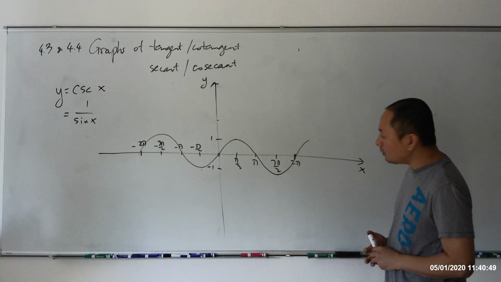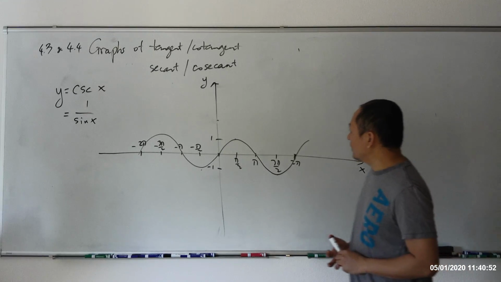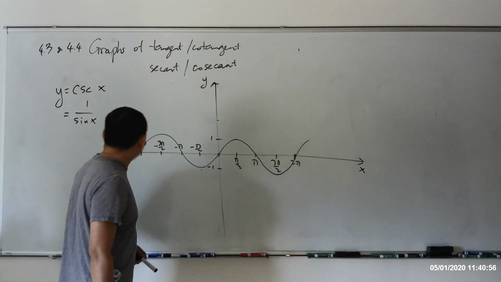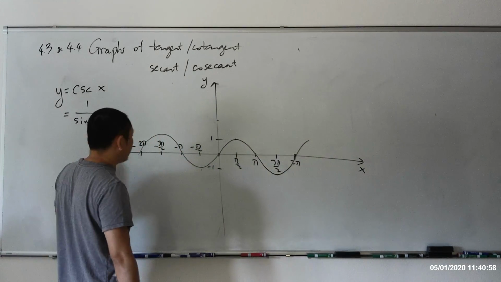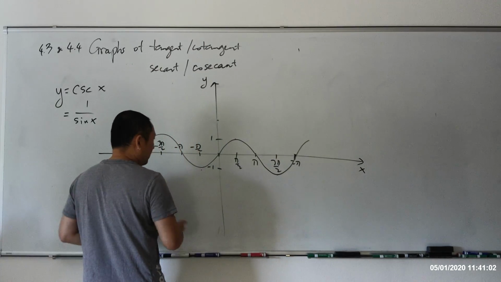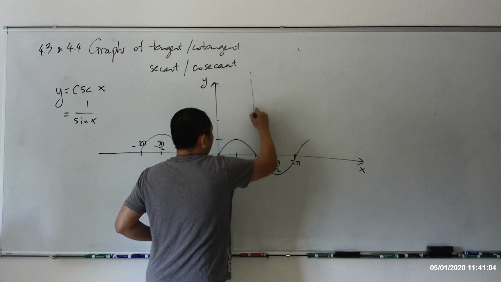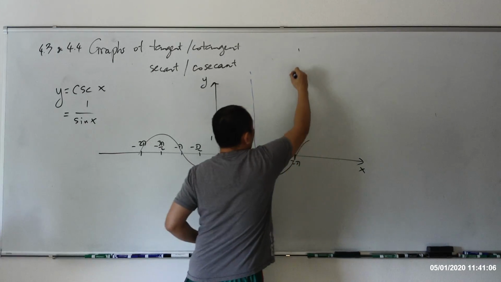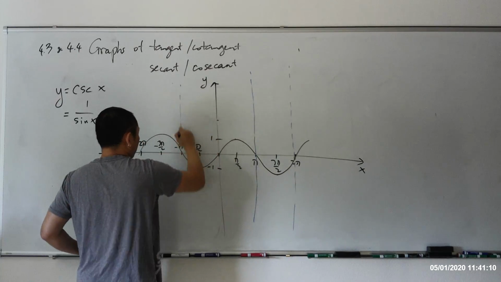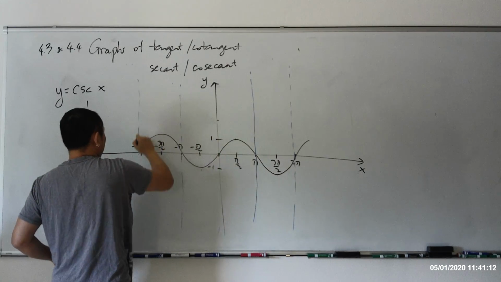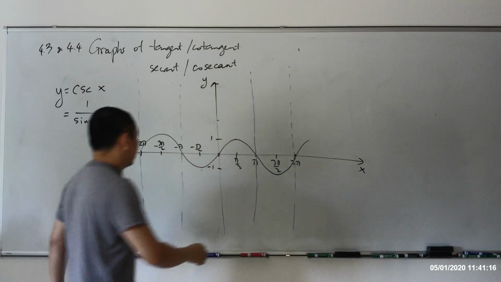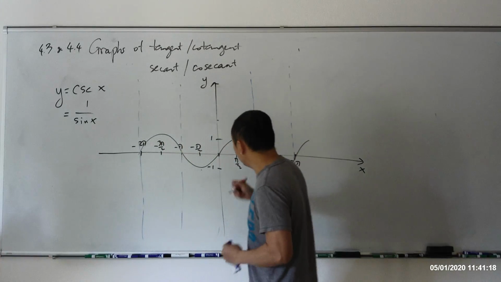Now, here comes the way that I think of the cosecant function. Sine is equal to 0 at those points, so 1 over 0 is going to be undefined. We're going to have a bunch of vertical asymptotes for the cosecant function. And look, the graph of cosecant is going to look like this.